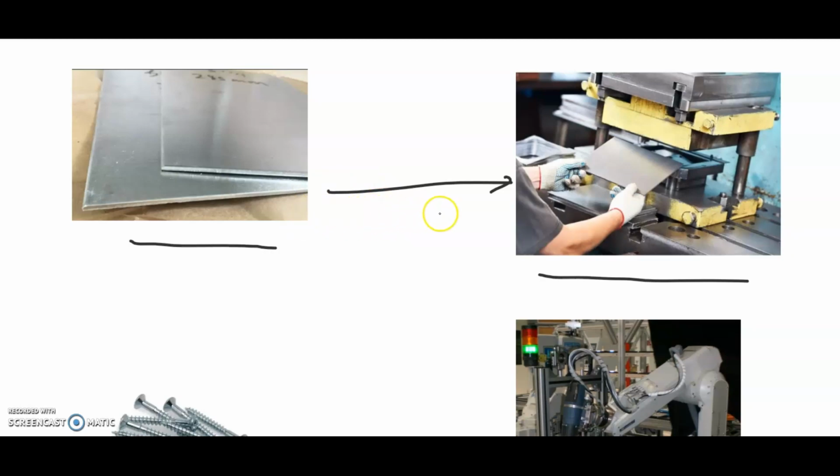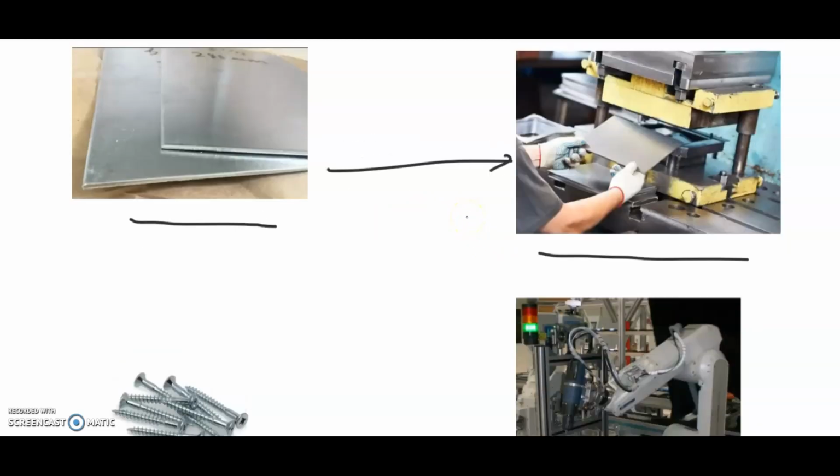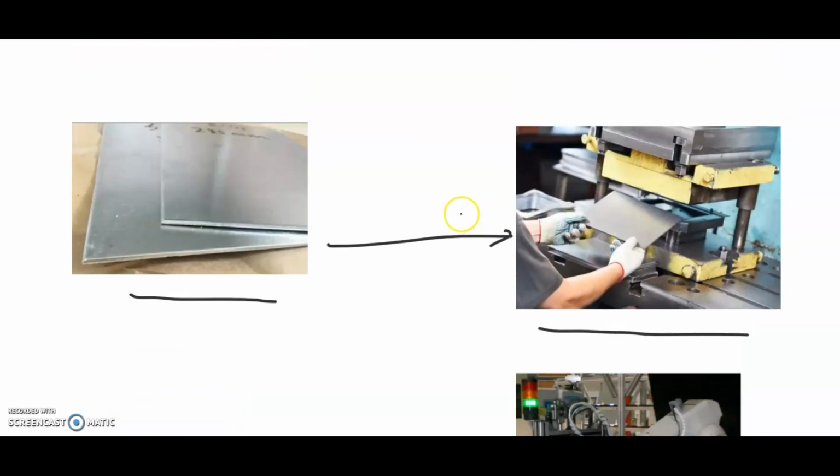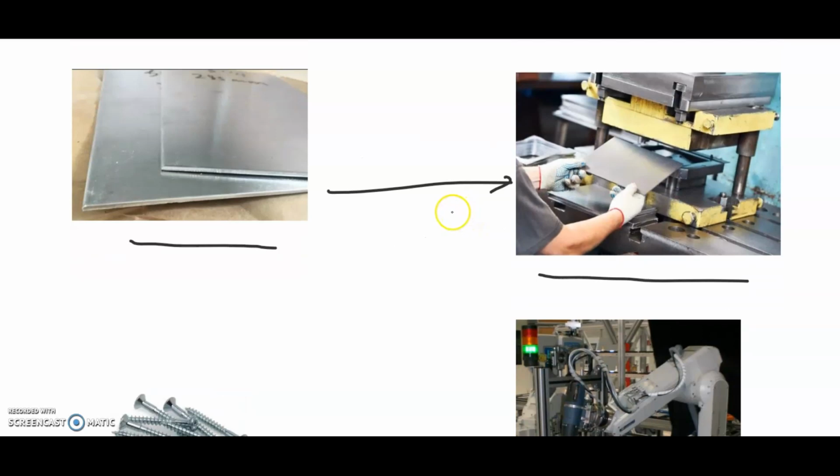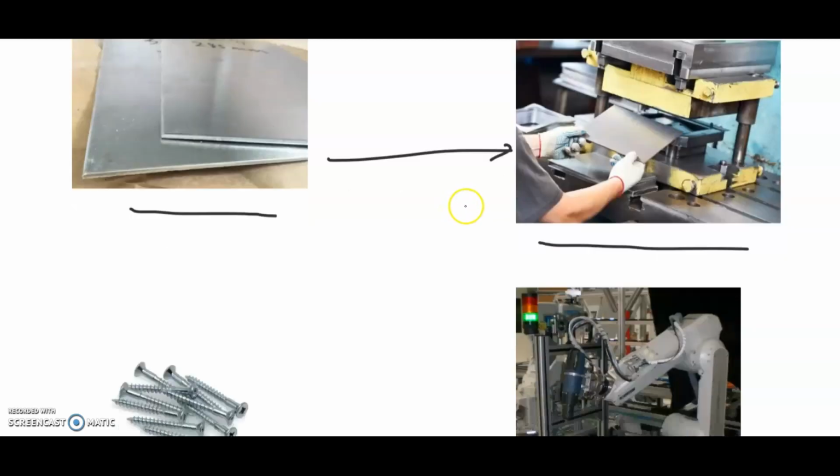So these are the questions that need to be discussed in material handling systems. Material handling system is a kind of strategy for how we can optimize the movement of materials.